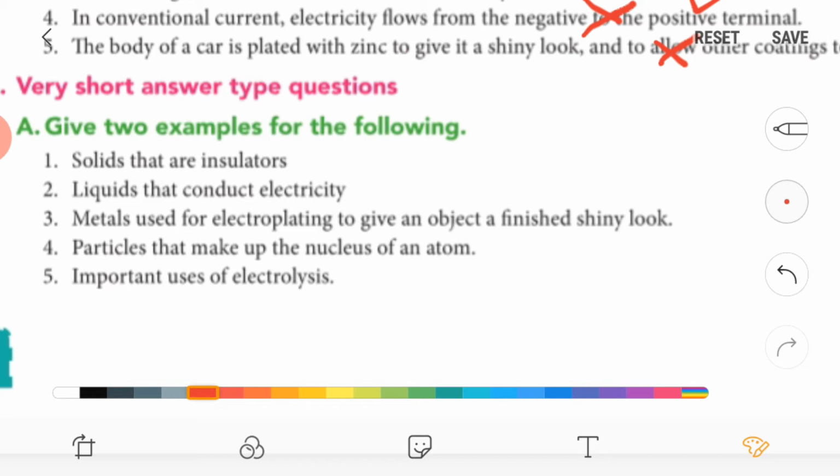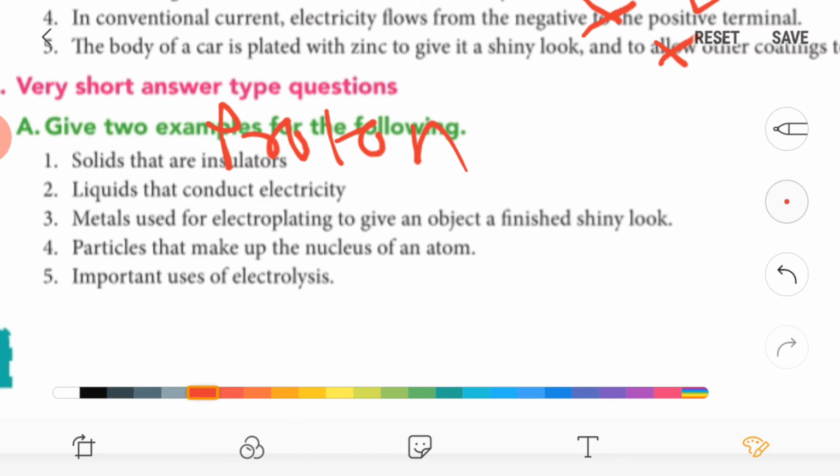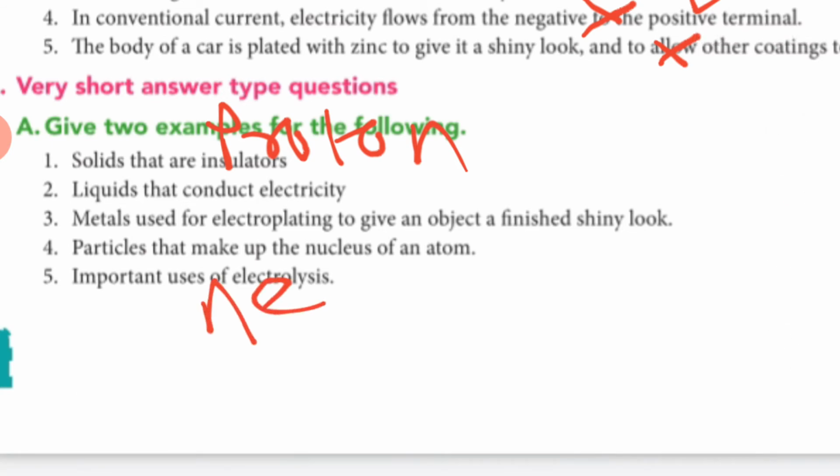Fourth one, particles that make up the nucleus of an atom. So it is proton and second one is neutron.